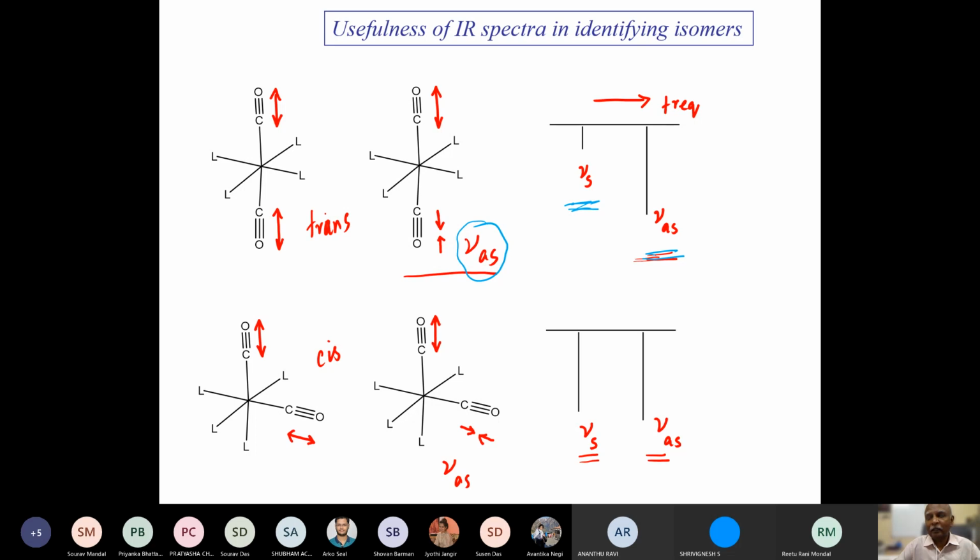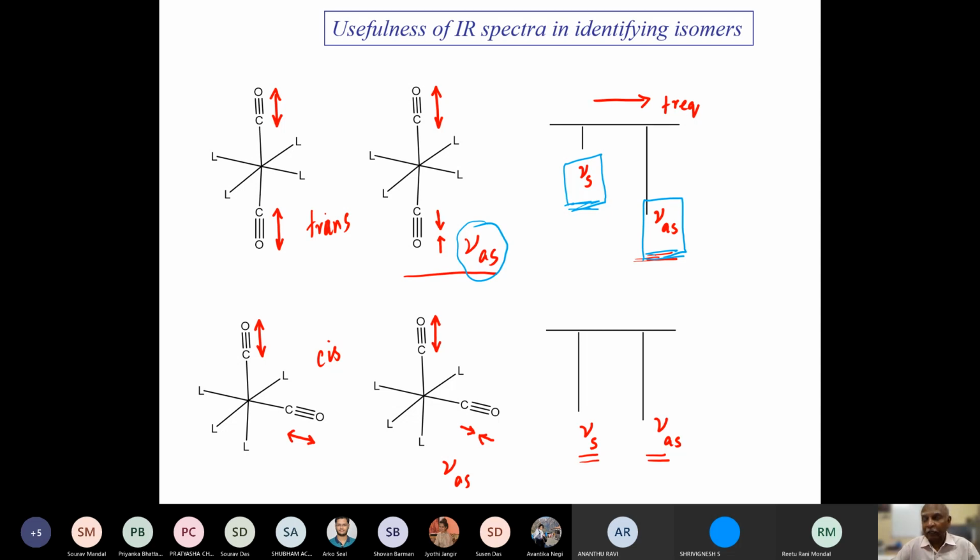The stretching frequency energy levels are unequally populated. So as a result, the nu S stretching is less probable than the nu AS stretching frequency. So these two unsymmetrical bands are a very clear indication of a trans geometry for the metal carbonyls.